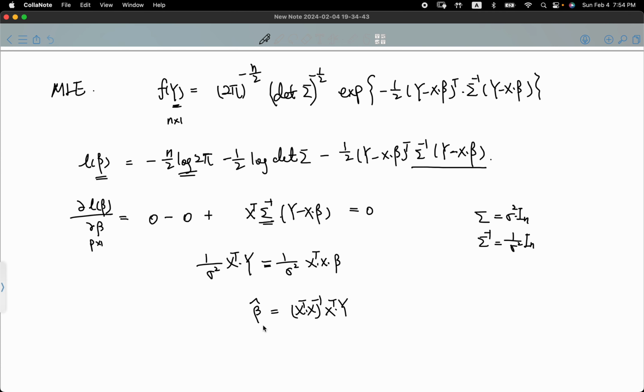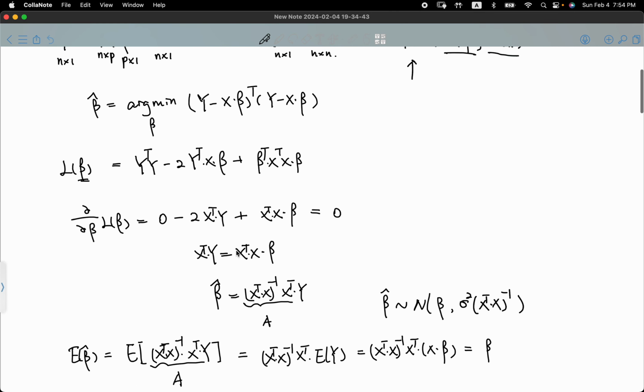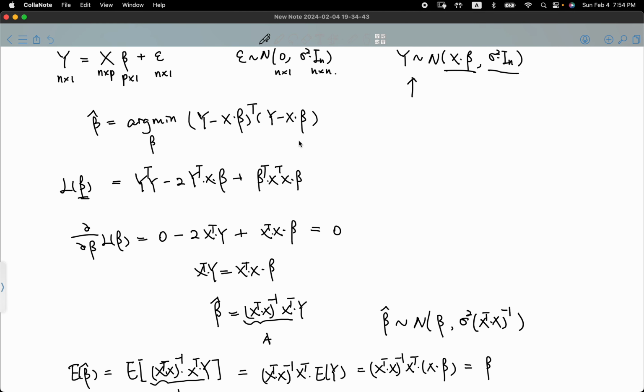Okay, so as you can see, when we estimate the coefficient beta from a maximum likelihood estimation perspective, we obtain the same closed form solution as when we solve this problem by minimizing the least squares.